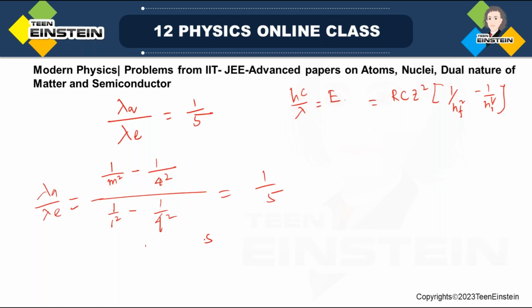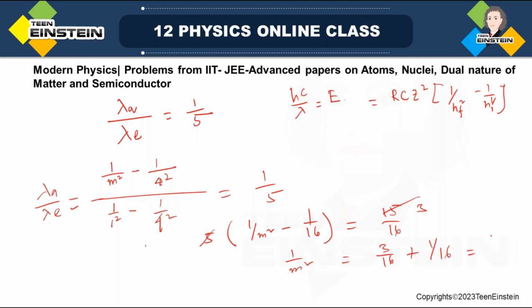So this is 5 into 1 over m square minus 1 over 16 is equal to 15 by 16. Okay, so this goes as 3. So 3 by 16 on this side, and 3 by 16 plus 1 over 16 will be 4 over 16, which will give you 1 over 4.